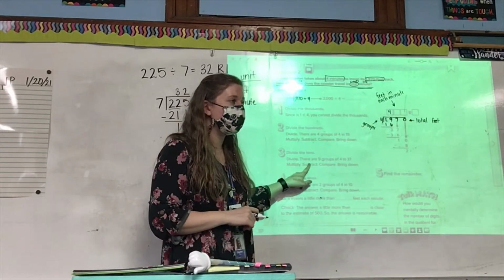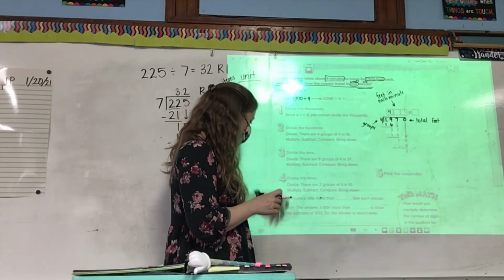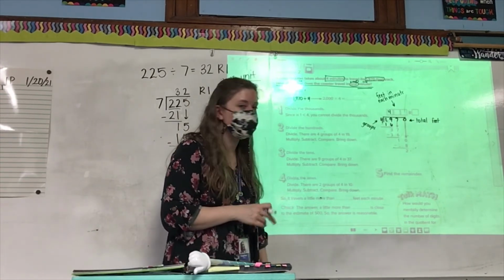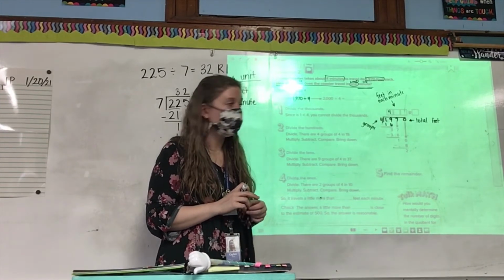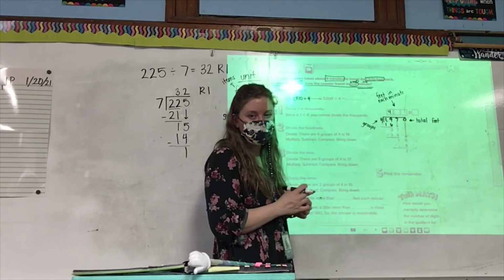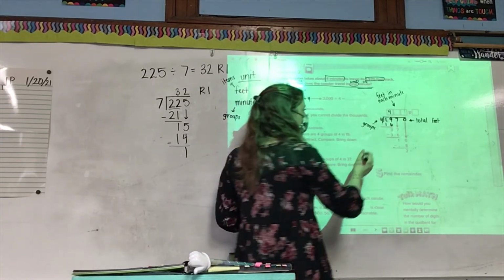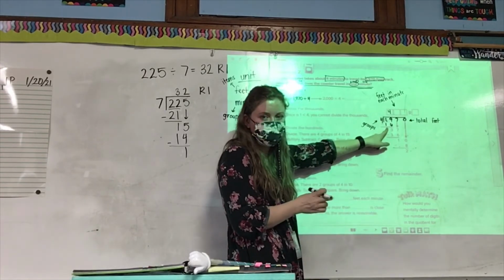Next, we subtract. We're subtracting the answer to our multiplication problem from the first two digits of our dividend. What's the equation? We're not subtracting 1 minus 1.